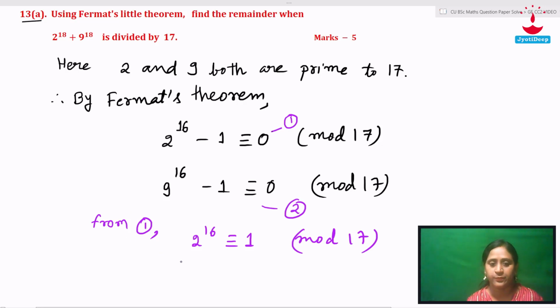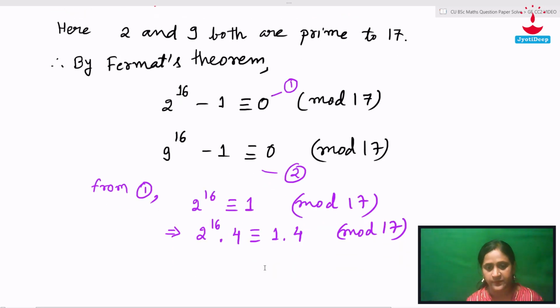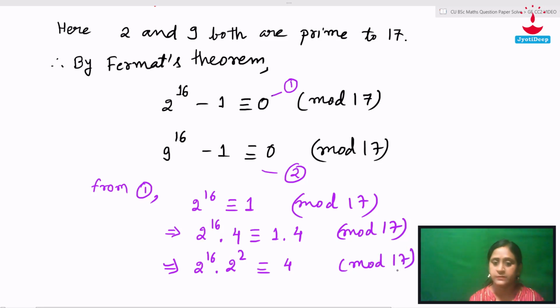This implies 2 to the power 16 into 4 is congruent to 1 into 4 under mod 17, just multiplying both sides by 4. So 2 to the power 16 into 2 square is congruent to 1 into 4, which is 4, under mod 17.